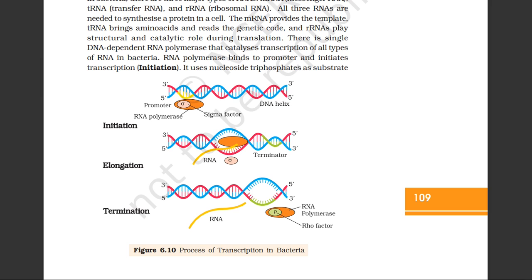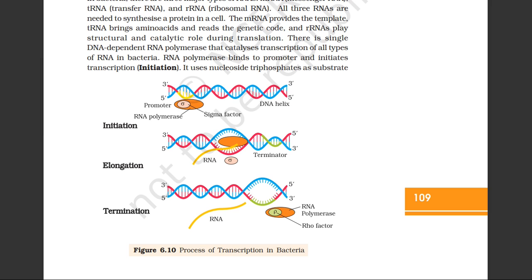The mRNA provides the template, tRNA brings amino acids and reads the genetic code, and rRNAs play structural and catalytic roles during translation. There is a single DNA-dependent RNA polymerase that catalyzes transcription of all types of RNA in bacteria.